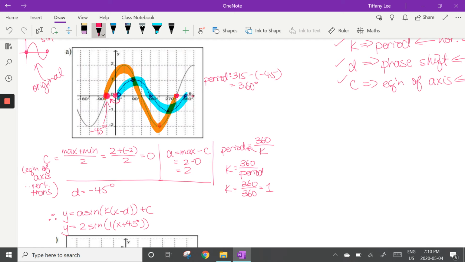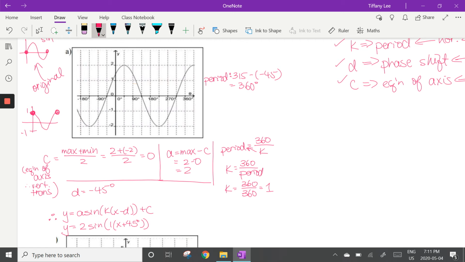All right, now let's take a look at it and determine our equation for cosine. So same thing, right? We can think of what our original sine graph looks like, right? It's at 1 and negative 1, starts at our y-axis, and then it goes down and then up, something like that.